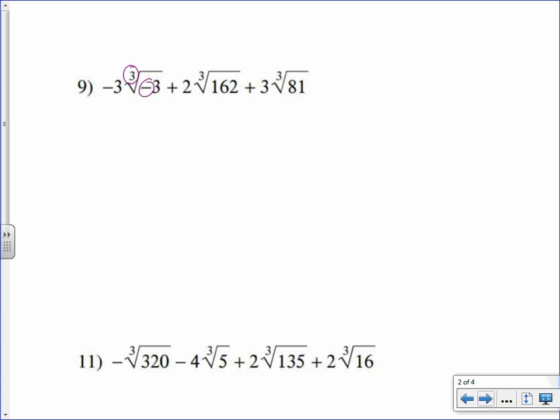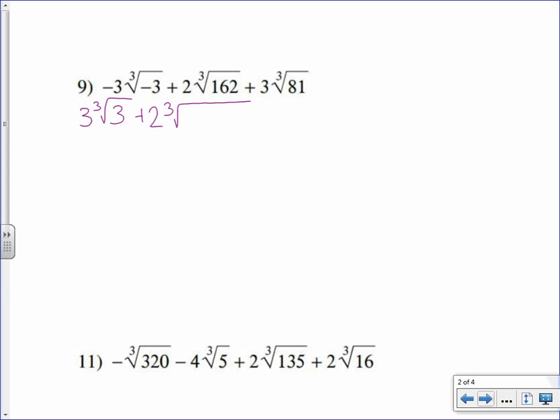Because if you think about it, couldn't I write the cube root of negative 3 as positive 3, and then I can have 3 negative 1's in there? So when I pull out that negative 1, I'm pulling out the negative sign. But it's kind of silly to just write all these 1's in here. So just remember that anytime you have an odd index, you can always pull out that negative. And when I pull out that negative, this is going to become a positive 3 on the outside and a positive 3 on the inside.